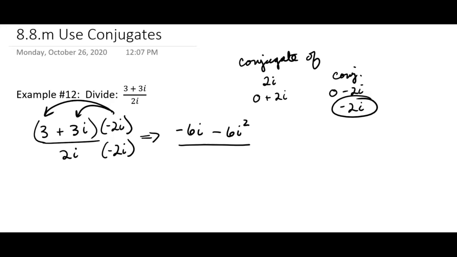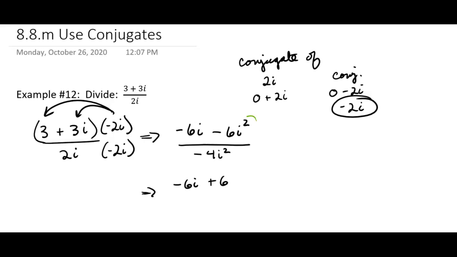Okay. And then in the bottom, what do we get? Well, we get 2i times negative 2i, which is going to be, you can think of it as a negative 4i squared. And then we'll deal with that too. Okay. So now you have negative 6i. It's going to be plus 6. Now, why is that?